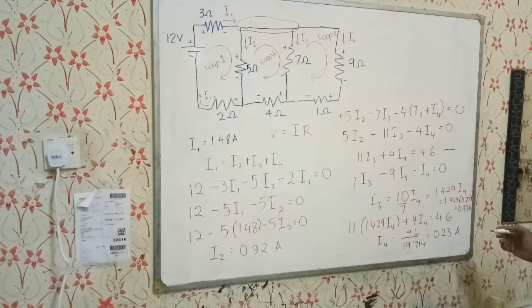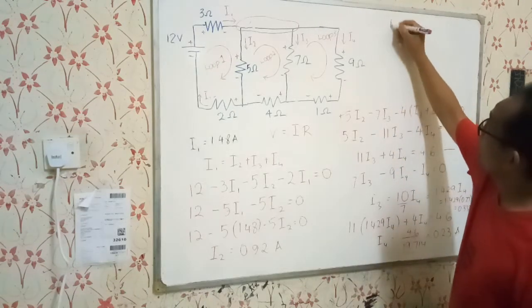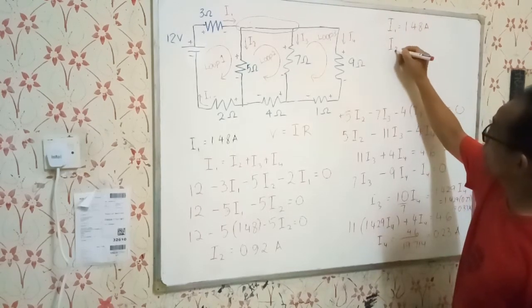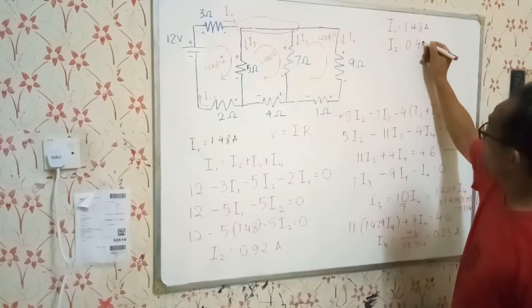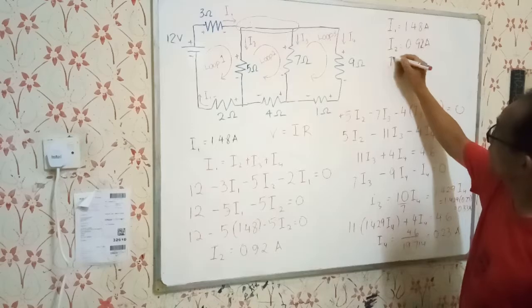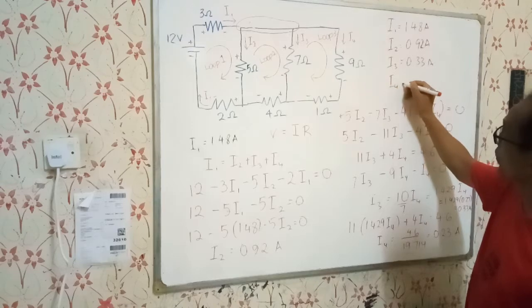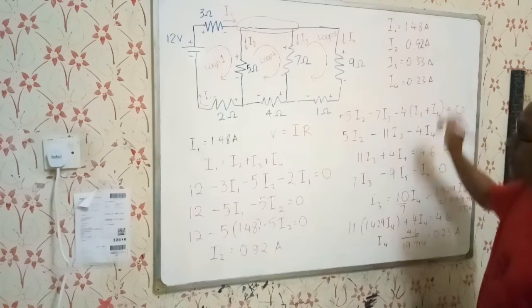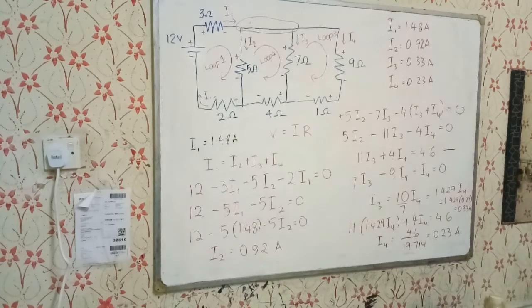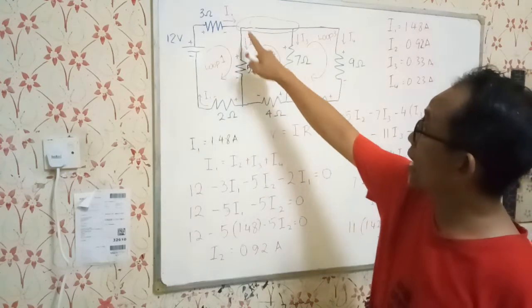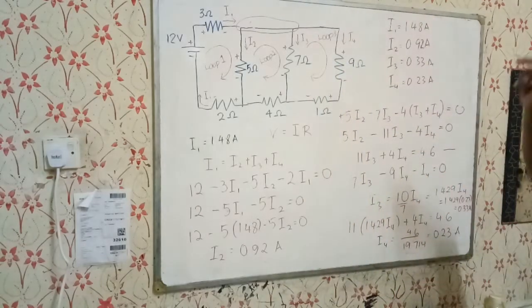And so you can summarize the current I1 equal to 1.48 ampere, I2 equal to 0.92 ampere, I3 0.33 ampere, and I4 equal to 0.23 ampere. So that completes part B of the question. You have done the analysis where you calculate the values of the current I1, I2, I3, and I4. Okay, thank you.